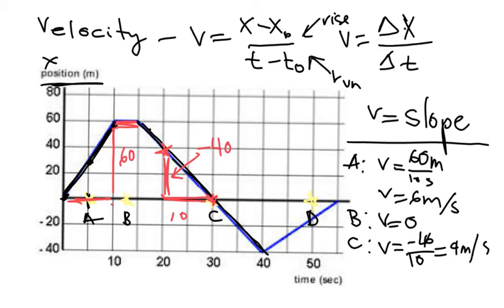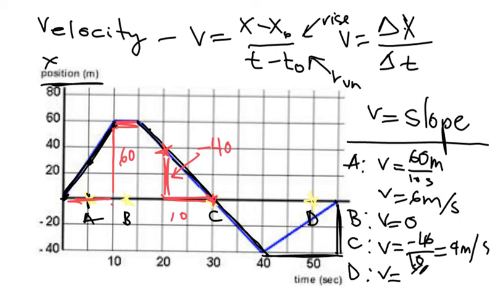Okay, finally, part D, we do it exactly the same way. The velocity is the rise, so we're going from negative 40 to 0, so the rise is 40.